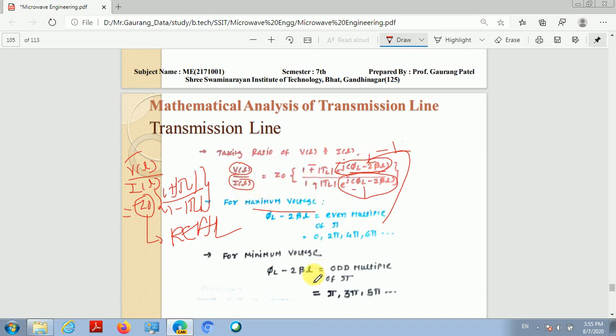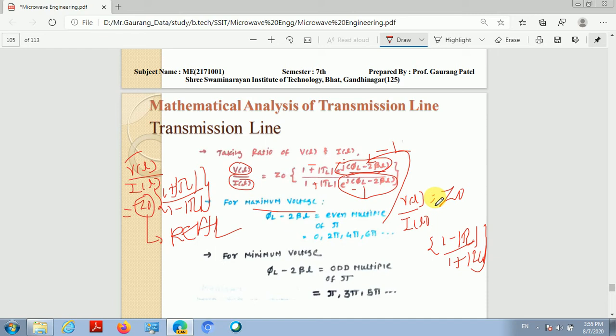So when the phase is an odd multiple of pi, the ratio of voltage and current, V of L divided by I of L, is equal to Z0 (1 minus mod gamma L) divided by (1 plus mod gamma L). So when voltage is minimum or current is maximum at that location, the impedance is given as Z0 (1 minus mod gamma L) divided by (1 plus mod gamma L).